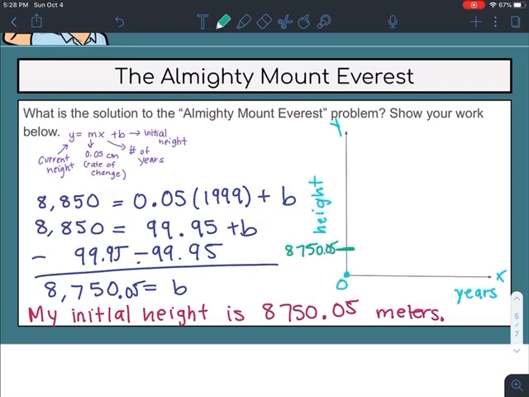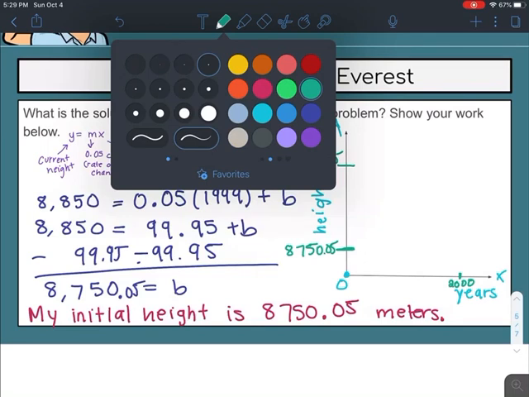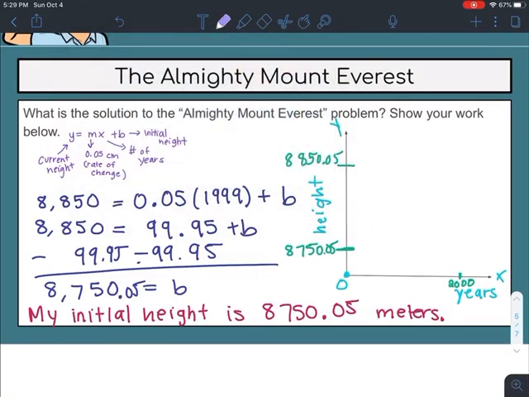8,750.05. And then up here, this is going to be 8,850.05. Right here, this is the year 2000. Remember, because I had an established height at year 0, my height is going to start right here.